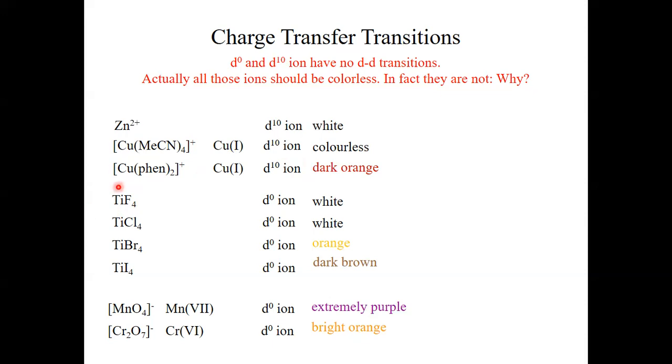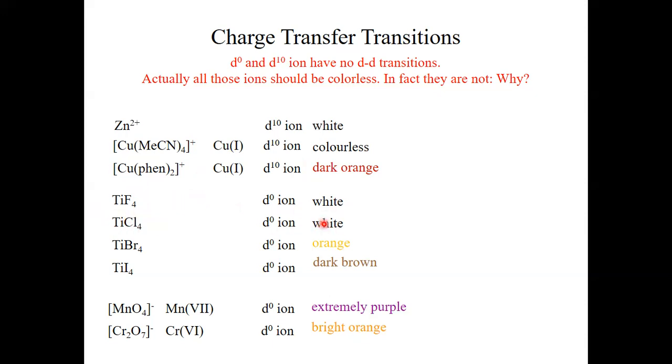So here are just a few more examples. Titanium tetrafluoride: you have titanium in the oxidation state +4. In the oxidation state +4, it's a d0 ion. So in a d0 ion, you shouldn't have any electron transitions in d orbitals. So we should have a colorless or white substance. And this is indeed what we observe. The same for titanium tetrachloride.